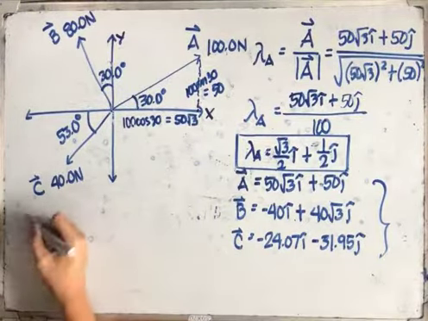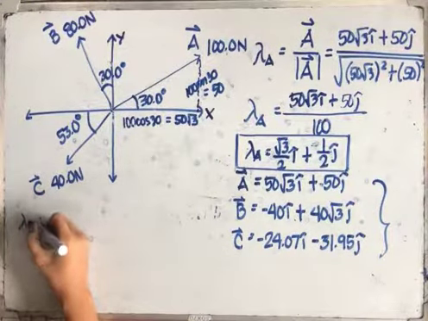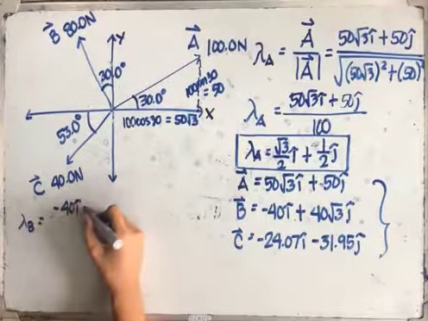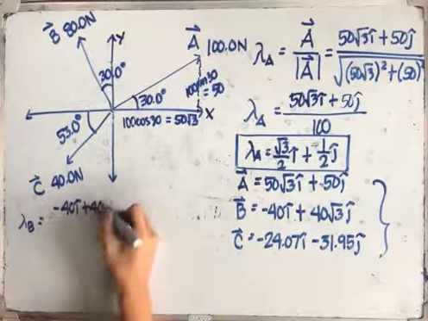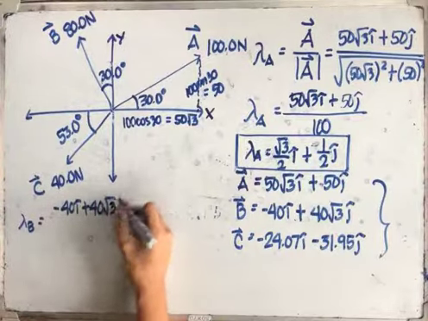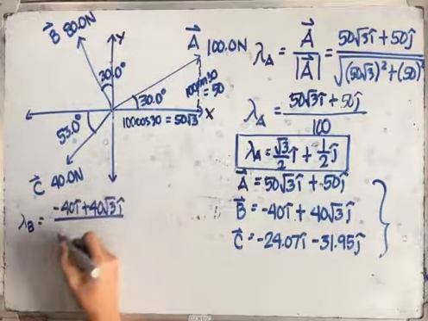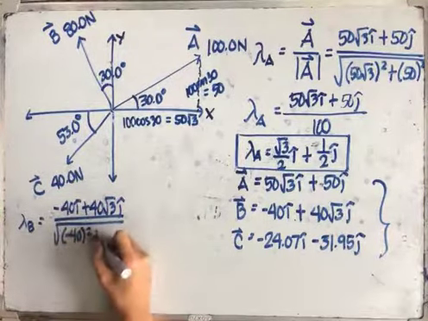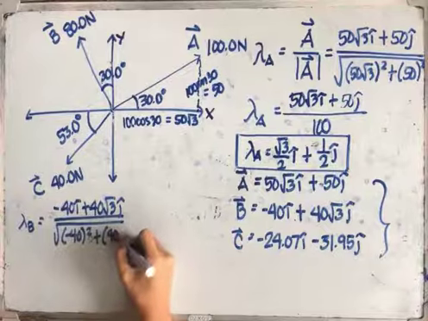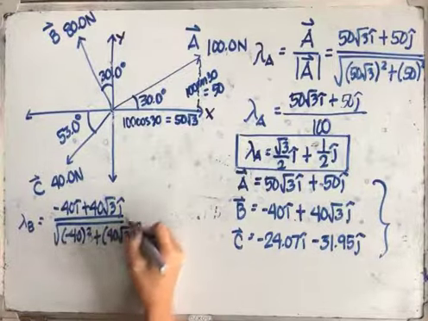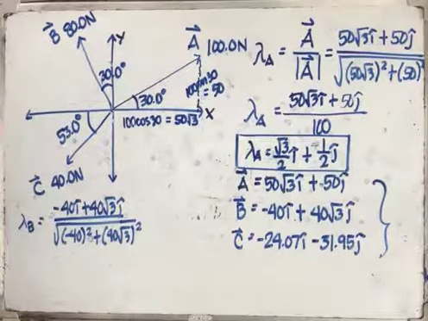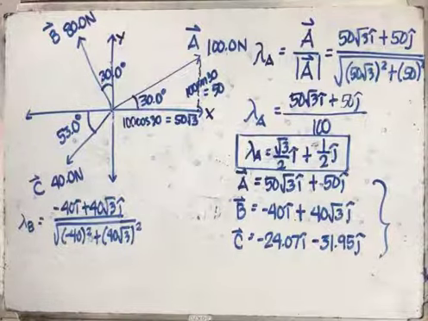And we do the same for lambda of B. That's the unit vector of B. Ang mangyayari, negative 40 I hat plus 40 square root of 3 J hat divided by the magnitude, negative 40 squared plus 40 square root of 3 squared. Ano na natin ang magnitude? Okay.